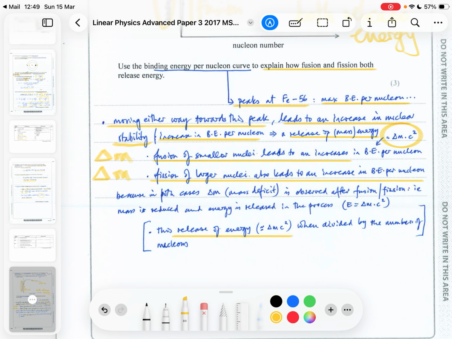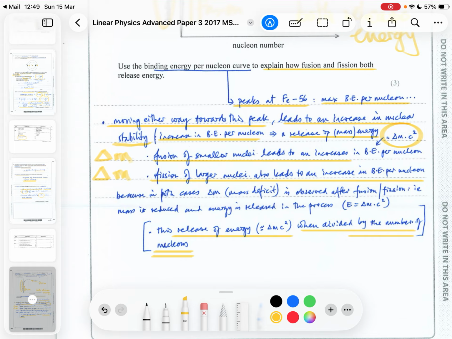And when you divide it by the number of nuclei, the peak occurs at iron. And by dividing it by the number of nuclei, it's a way of comparing the stability of nuclei. Okay, so the nucleus with the highest value of released energy divided by the number of nucleons is iron.